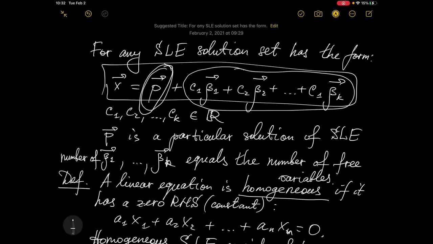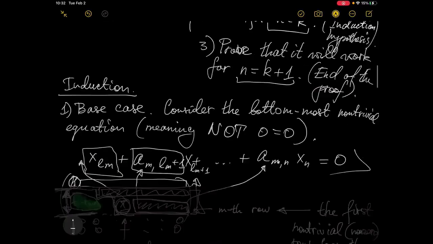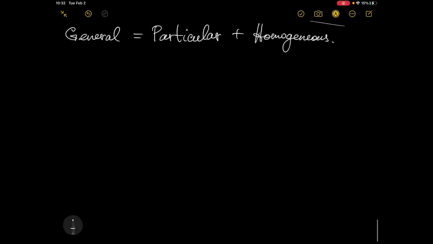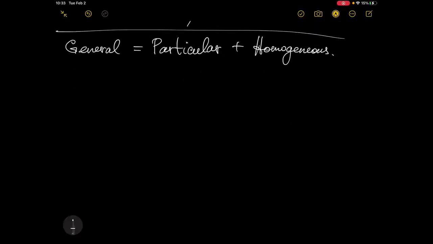But if you have free variables, then you have a linear combination of some vectors, maybe one vector. So essentially, from here, we can immediately formulate the following corollary.